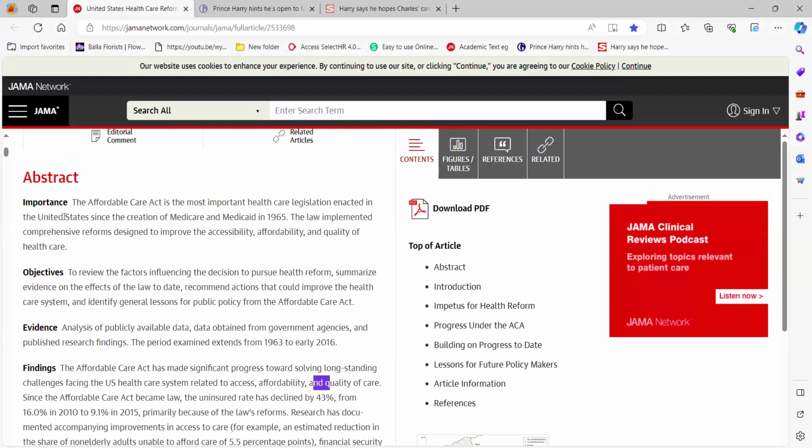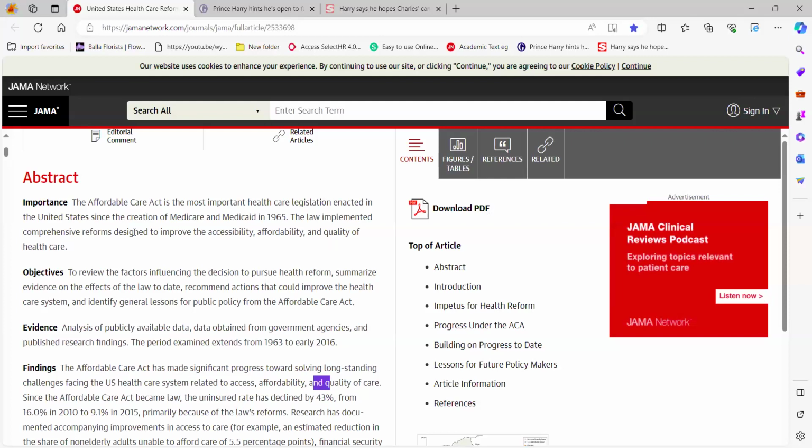And if I just read a little bit of it, we've got some subheadings there. It's well organised. The Affordable Care Act is the most important healthcare legislation enacted in the United States since the creation of Medicare and Medicaid in 1965. The law implemented comprehensive reforms designed to improve accessibility, affordability, and quality of healthcare.